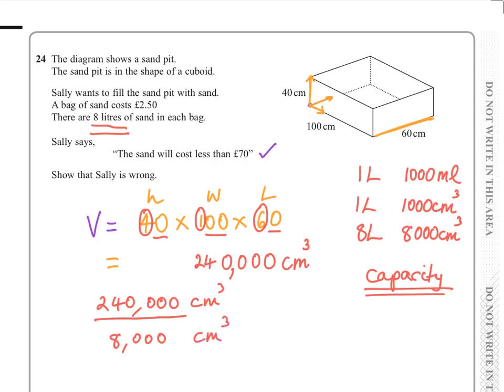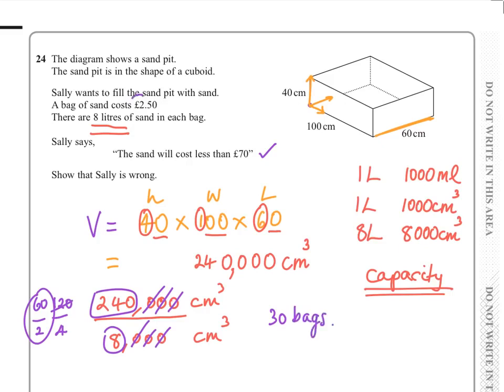And we can do some simple cancelling without a calculator. And 240 divided by 8 as a fraction would be 120 divided by 4, which would be 60 divided by 2, which is 30 bags.